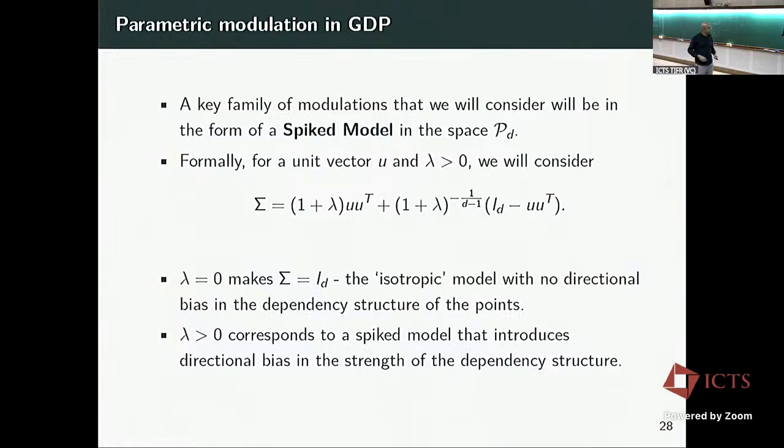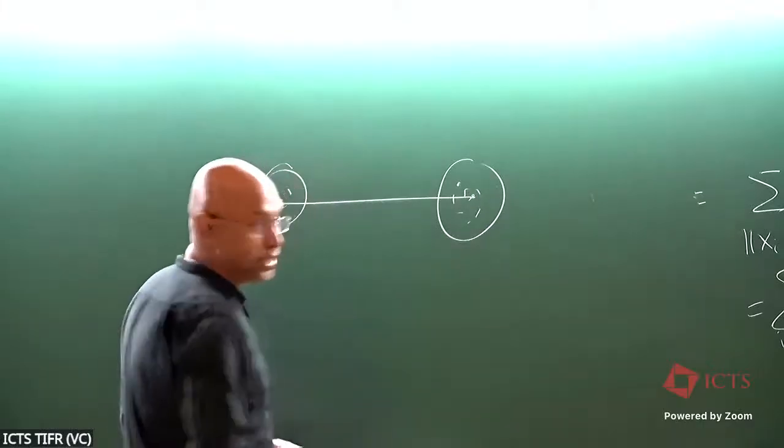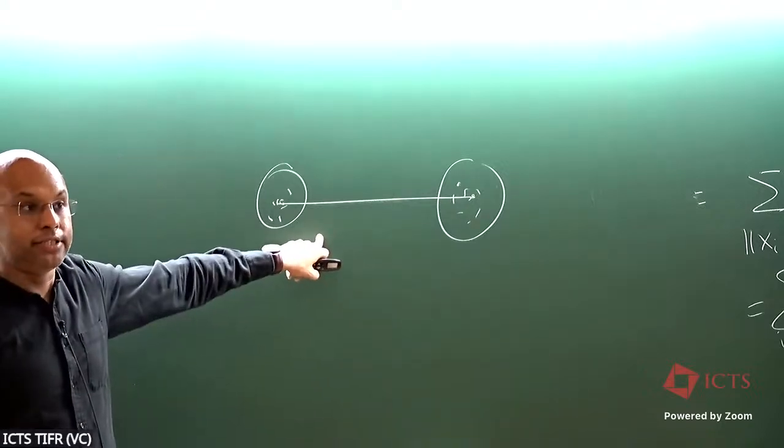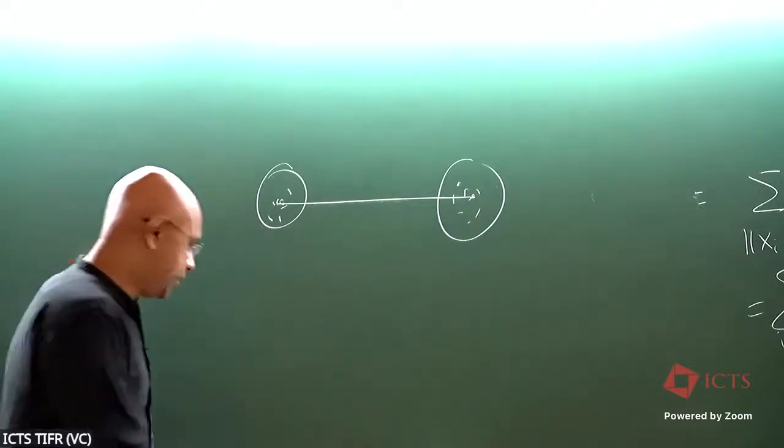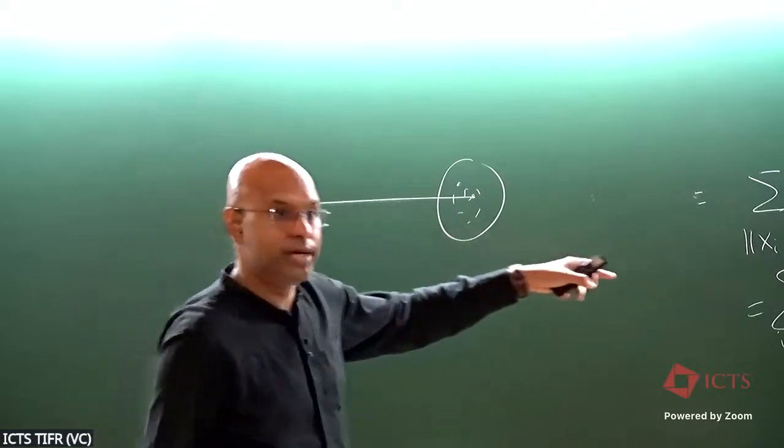So what would be such examples? I'll just draw a quick picture. Suppose you have a situation with clustered data, okay? So here are two clustered points. In this kind of data, there is actually a significant direction, which is the direction of the line joining the centers of the two clusters, right?